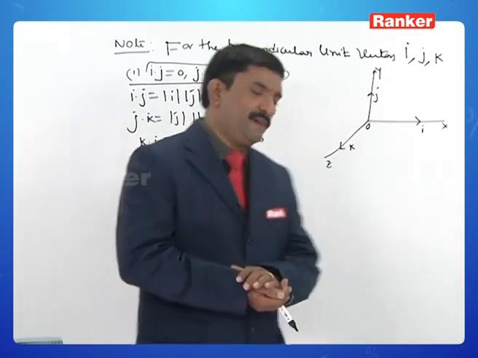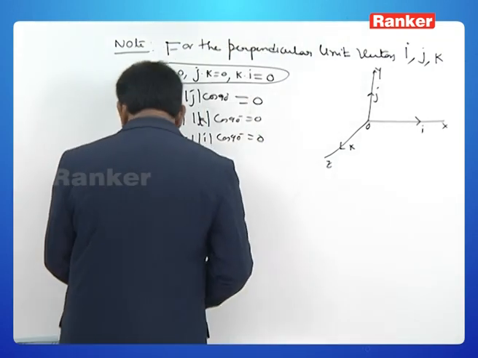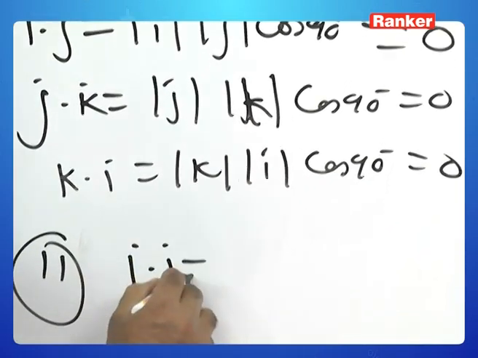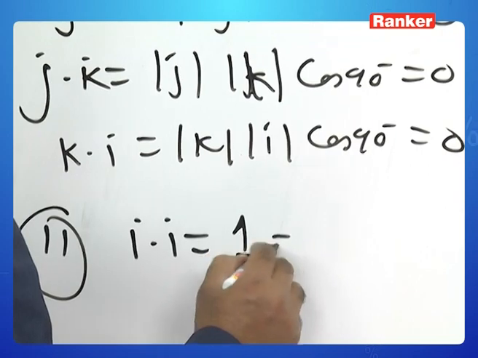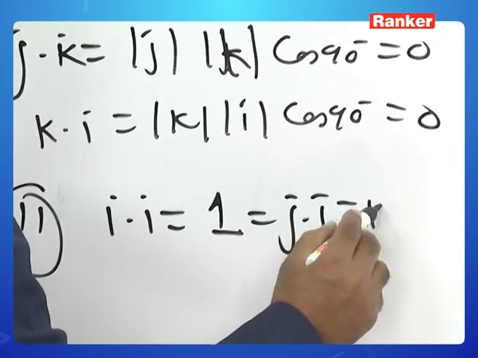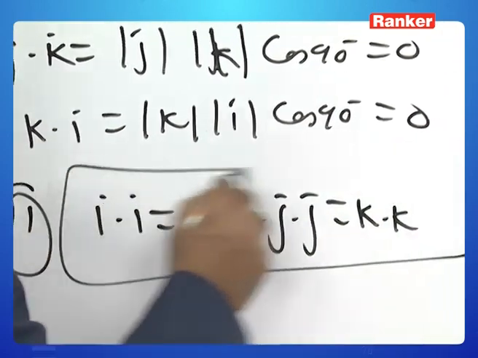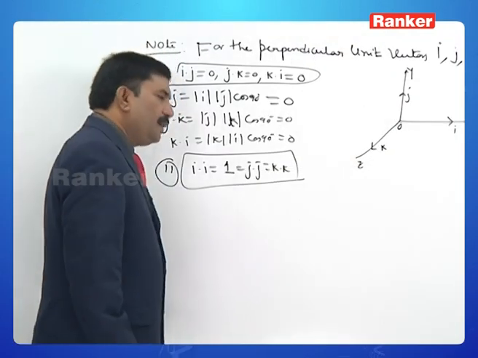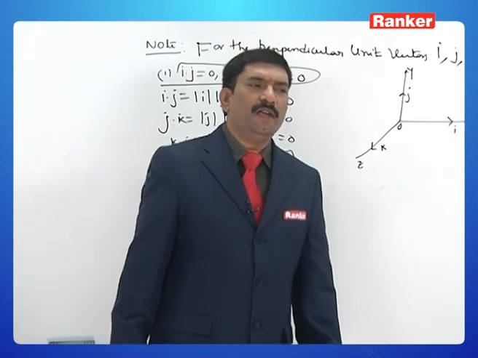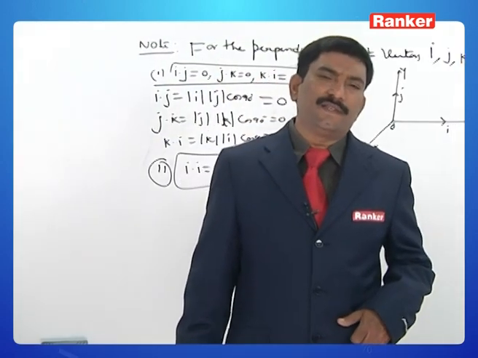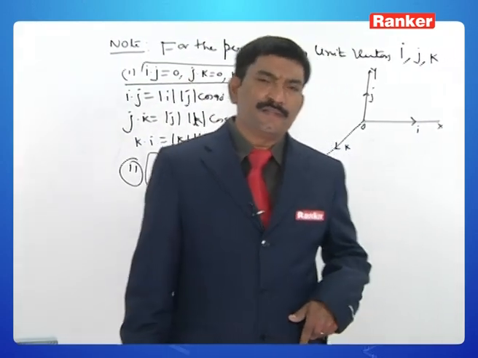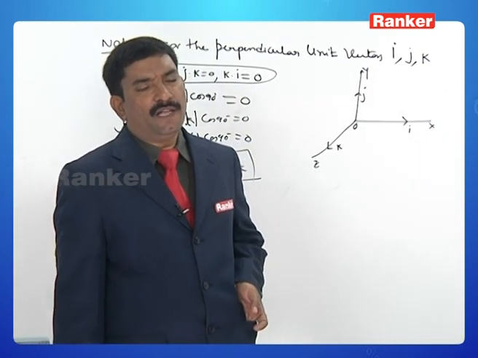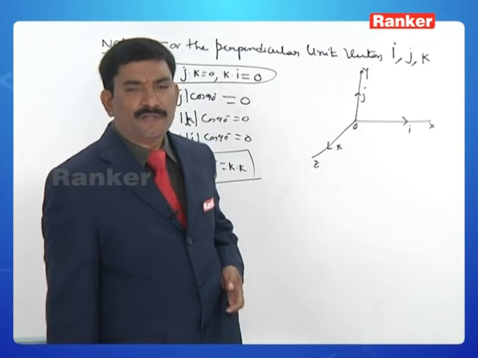And next I go for i dot i. The second one is i dot i is equal to 1, j dot j is equal to 1, k dot k is equal to 1. How? Let us see. What is the angle made by the x-axis with the x-axis? 0 degrees. Y-axis with y-axis, 0 degrees. Z-axis with z-axis, 0 degrees. Followed?